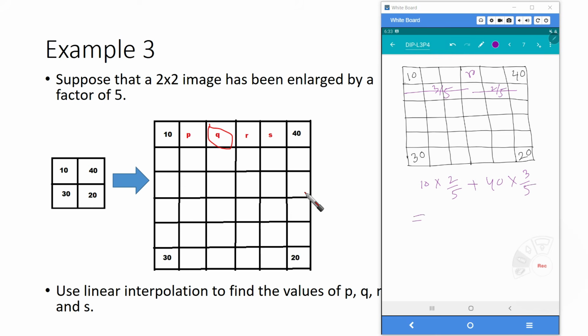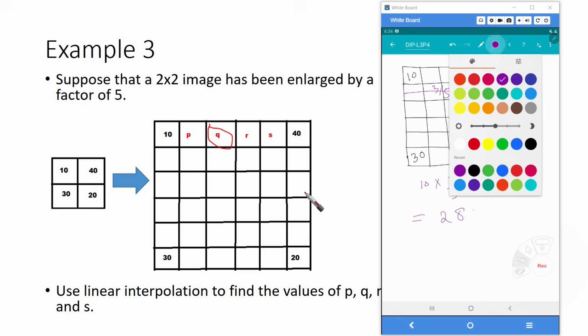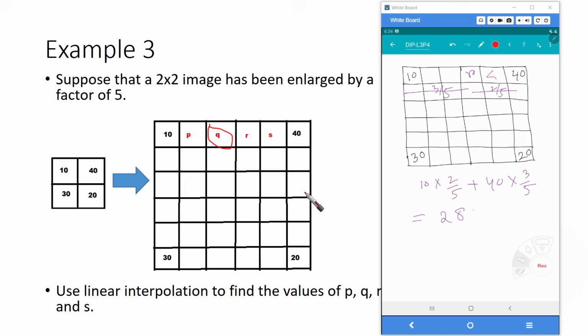If we calculate this, we get 28. Similarly, the value of S is 10 multiplied by 1 over 5 plus 40 multiplied by 4 over 5, and it will be 34.